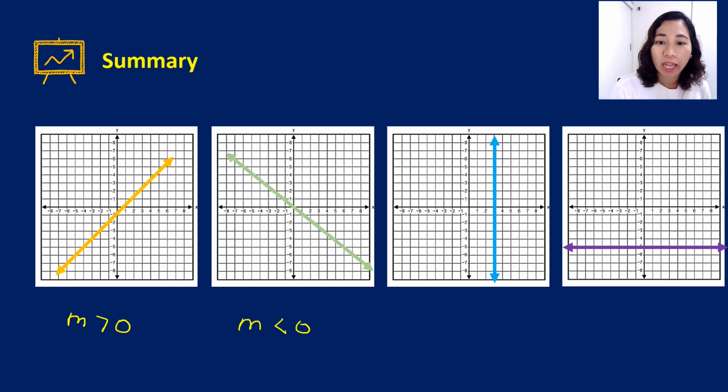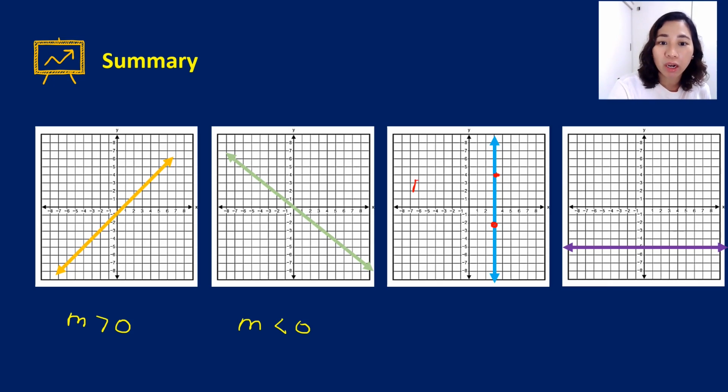Is the slope 0 or undefined? You always look at 2 points in your line. Which one is 0? Is it the rise or the run? Now, in this case, do you have a rise? Yes, you have a rise, correct? But you do not go left nor right, correct?